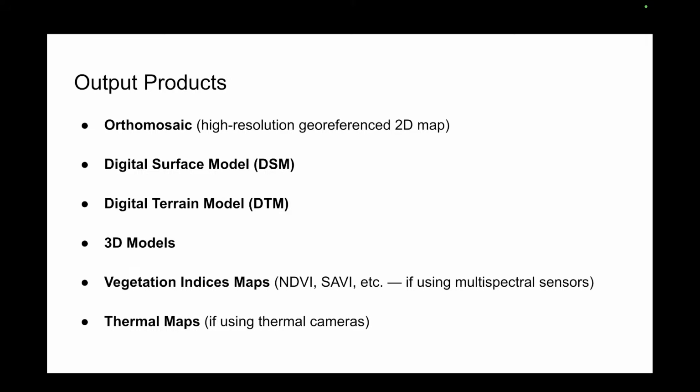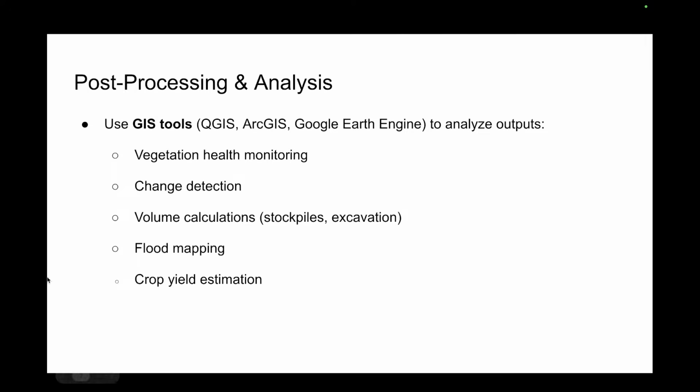It's very important. So this type of product we can easily generate from drone images: orthomosaic, DSM, DTM, 3D model, vegetation indices, and finally thermal map.